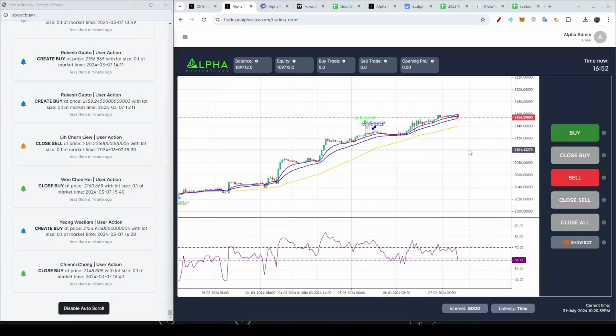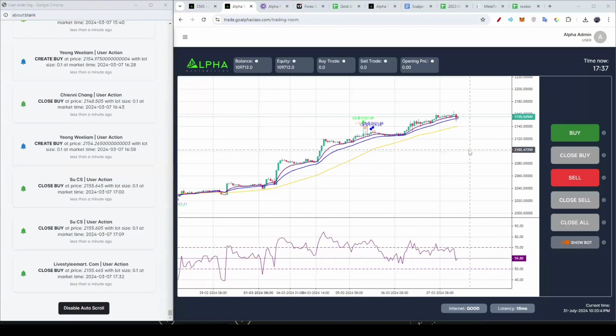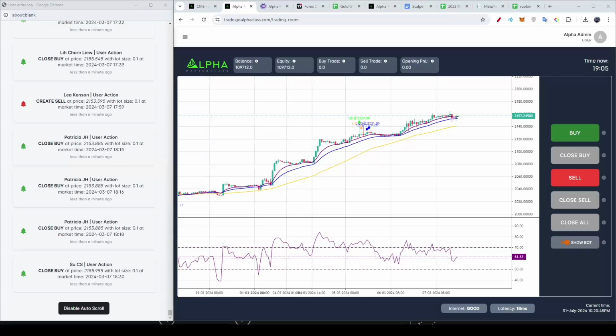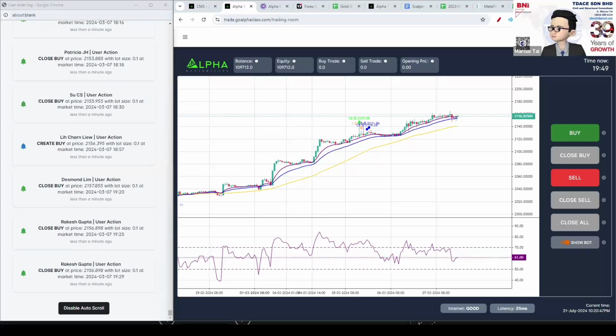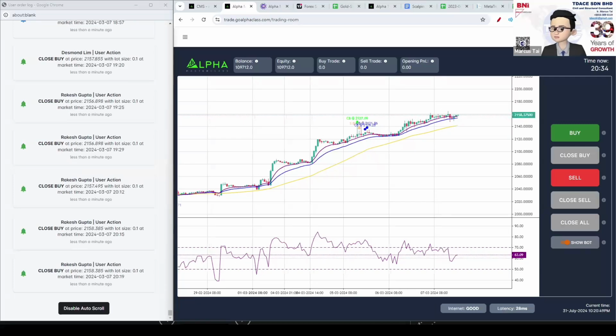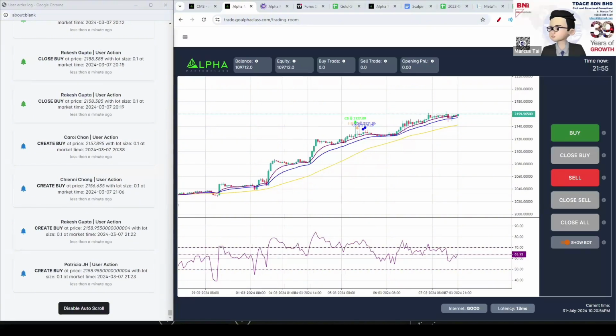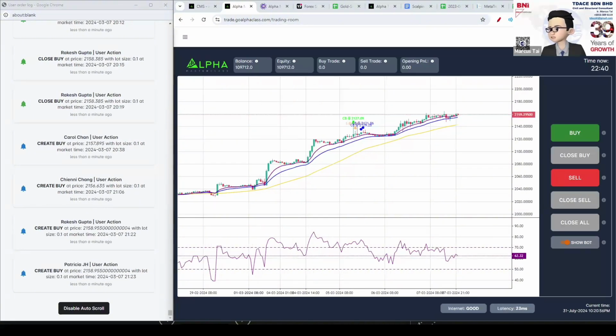Yo, coming down already, whoa. Because RSI is going down, it's just noise. Don't worry, the yellow line is still at the bottom. It's just noise. Trust the season. Trust the process.